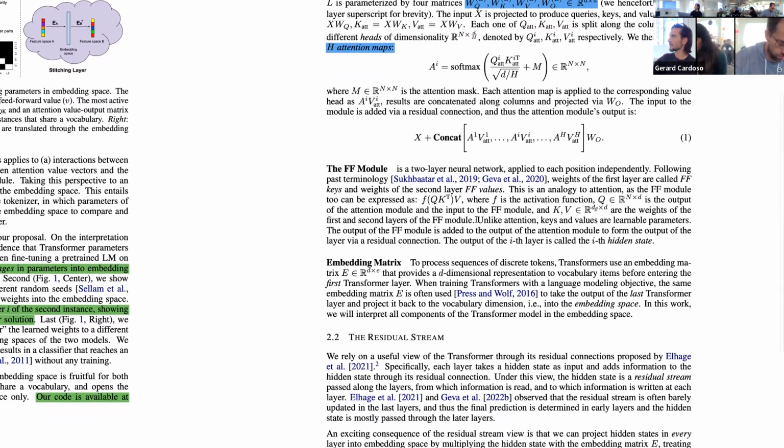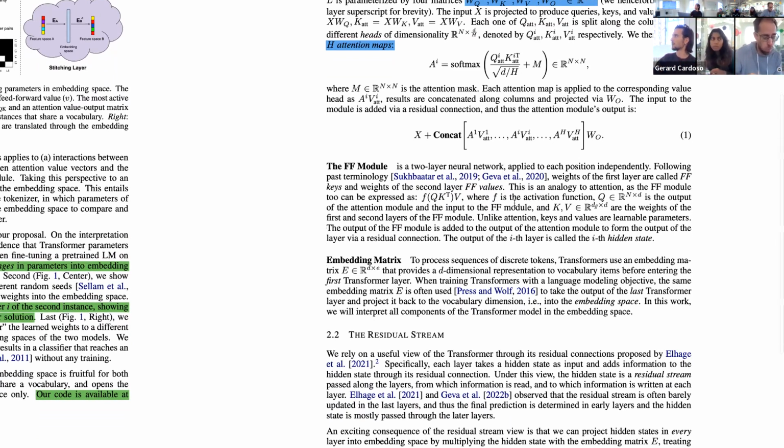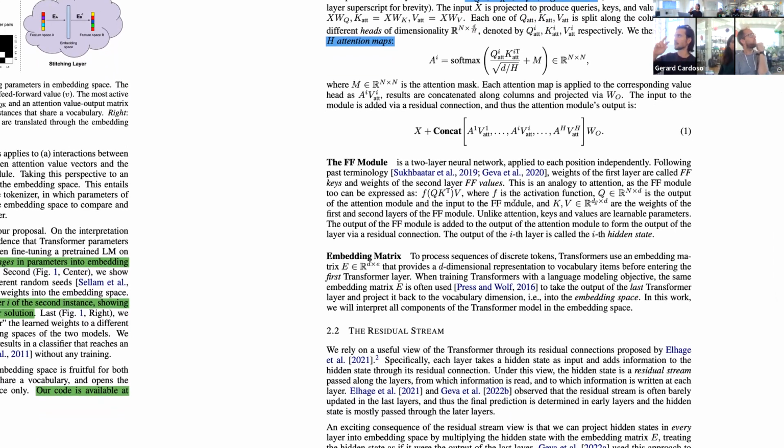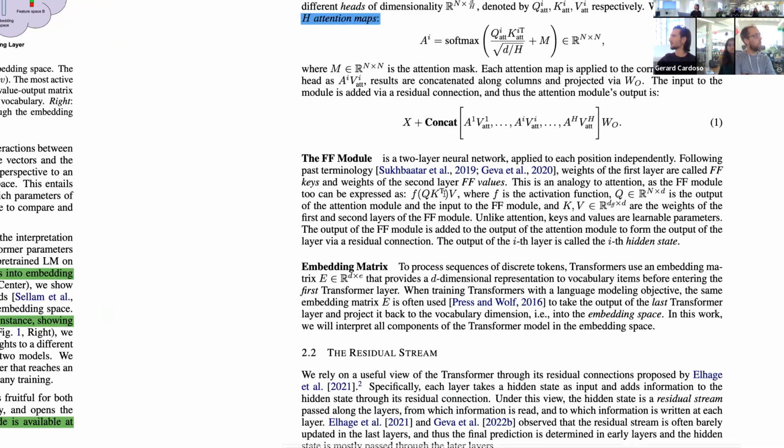I thought this was kind of interesting. It's not new. I think they refer to 2 papers, but they basically say that you can interpret the feed-forward module also as keys and values. So if you think of the first layer as the keys and the second layer as the values, you can apply this algebraically, basically.